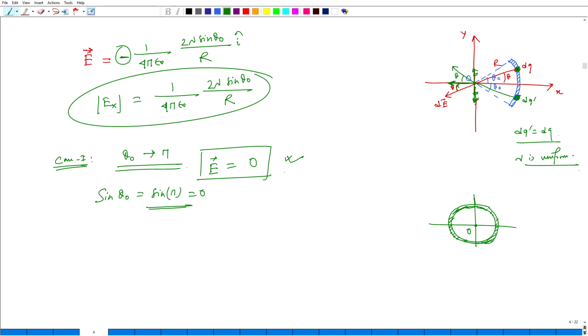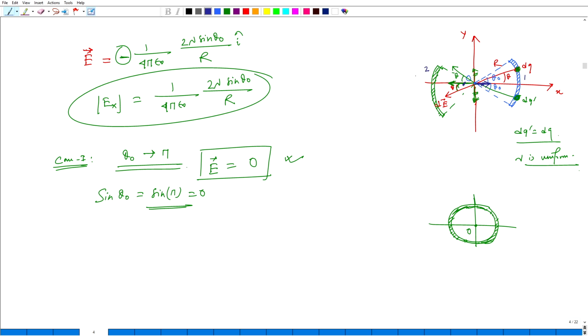Again, you can use symmetry arguments. If we put an extra arc on this side and calculate the electric field at point O due to it, the field is in these directions, so it cancels with the field due to the first arc.